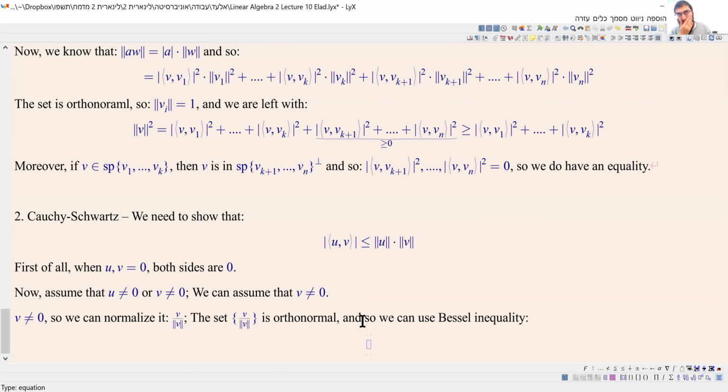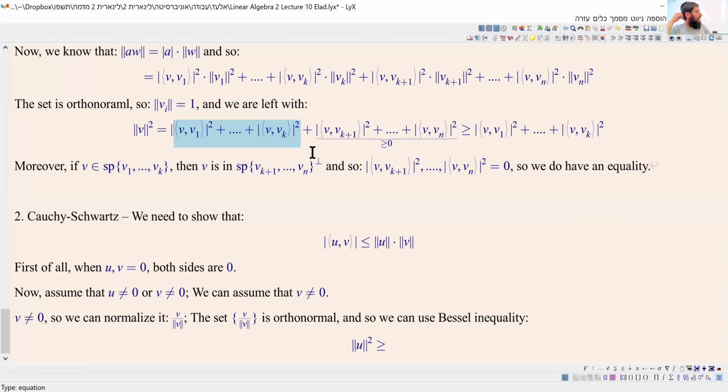I'm looking at the vector U, and the norm of the vector U squared is greater than the sum of the squared absolute values of the product of U and the vectors of the orthonormal set.